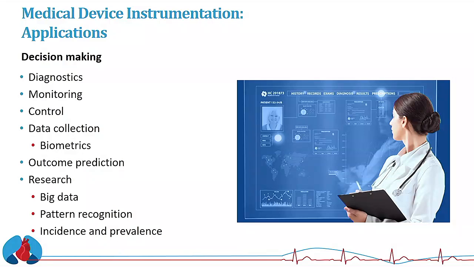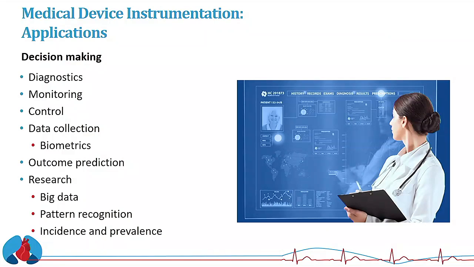So oftentimes we look at diagnostics. Monitoring is obviously a huge one. Sometimes it's just about sit and wait. I'm very much interested in automatic control of devices, but it's not quite at the forefront of medicine at the moment. Another big area that's coming into play is biometrics and data collection.